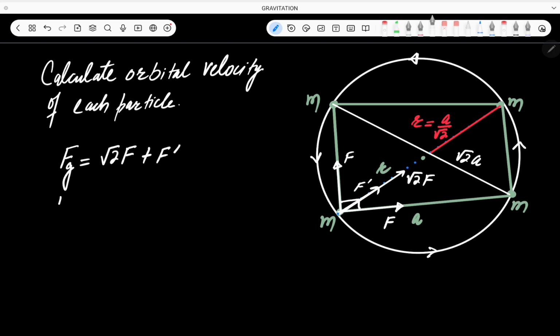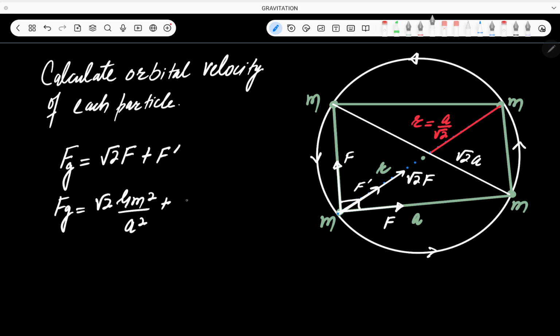Now what's the value of this F? This F will be simply equal to G M into M, that is M square, divided by a square. Plus F dash is the force between this particle and this particle, and the length of this diagonal comes out to be root 2a. So I will write it like this.